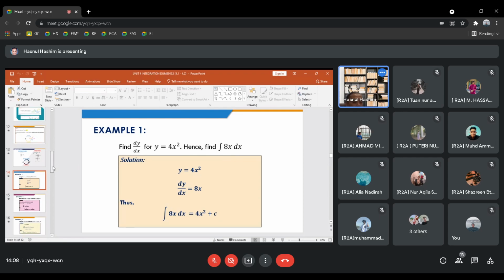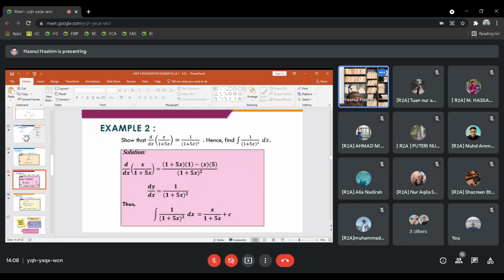Okay. Right, and then we have a look here. Show that when we differentiate x over 1 plus 5x, we have 1 over (1 plus 5x) squared. And when we find the integral, it will be x over 1 plus 5x plus c.